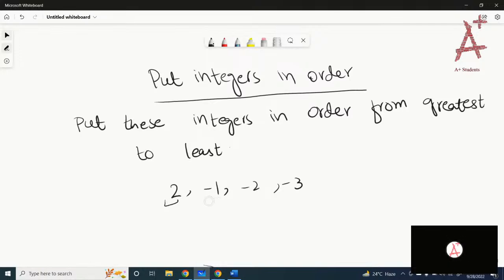They are already arranged from greatest to least, aren't they? Yes, they are already in the form greatest to least. Got it? Okay. Just select the correct option and then move on to the next question.